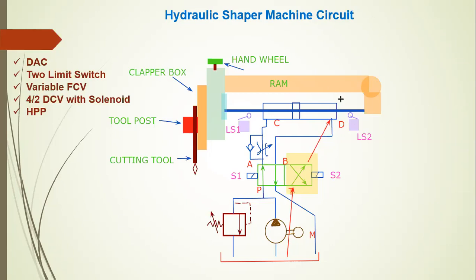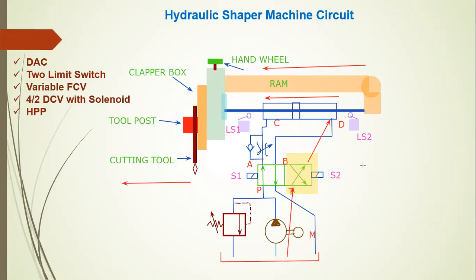At this time the cylinder is in a retract condition, and the total assembly of the ram, clipper, tool post and cutting tool moves in the left hand side direction. This is the reverse stroke or return stroke of the hydraulic shaper machine.